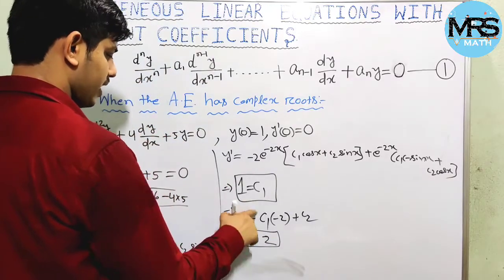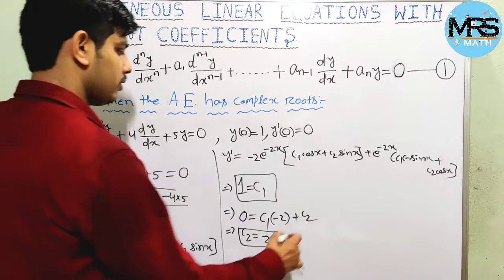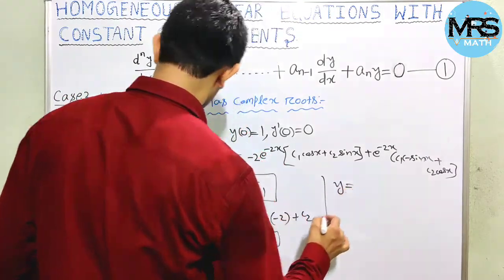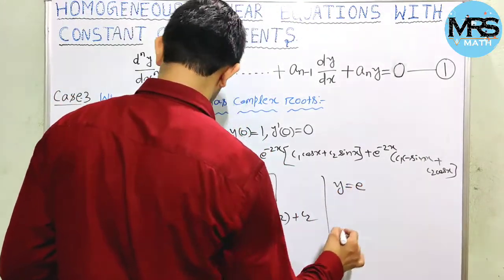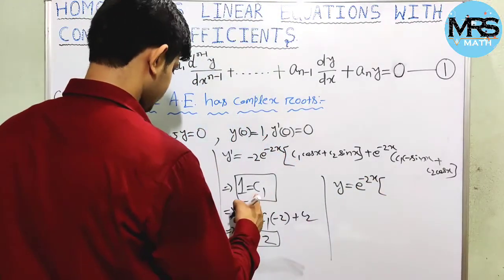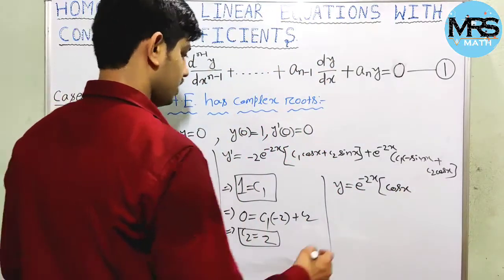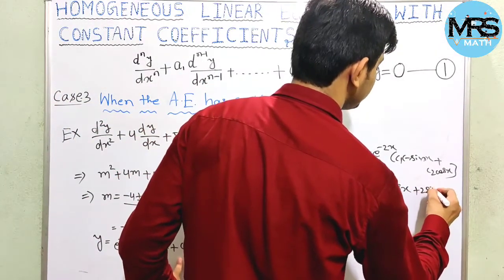So applying c1 as 1 and c2 as 2 in this equation, what we are getting? y is equal to e to the power minus 2x into cos x plus 2 sin x.